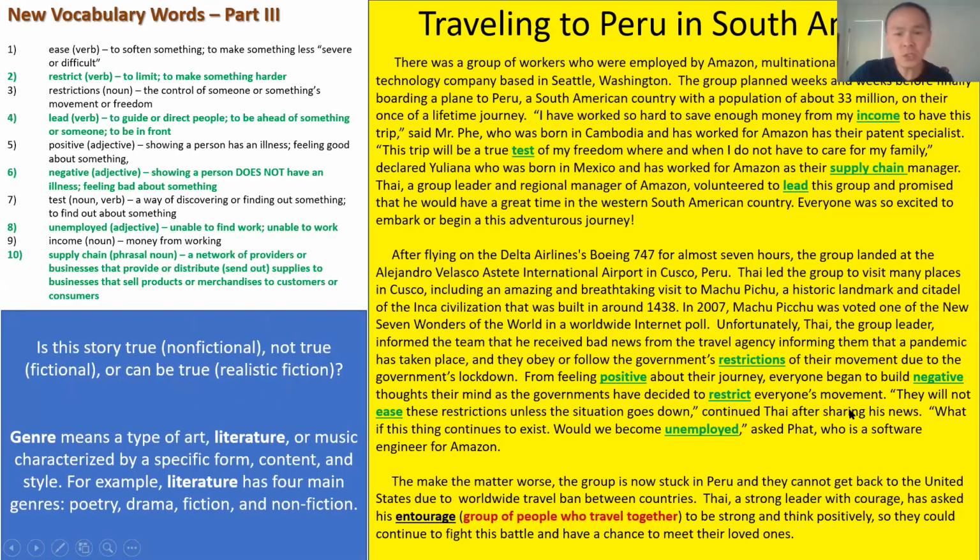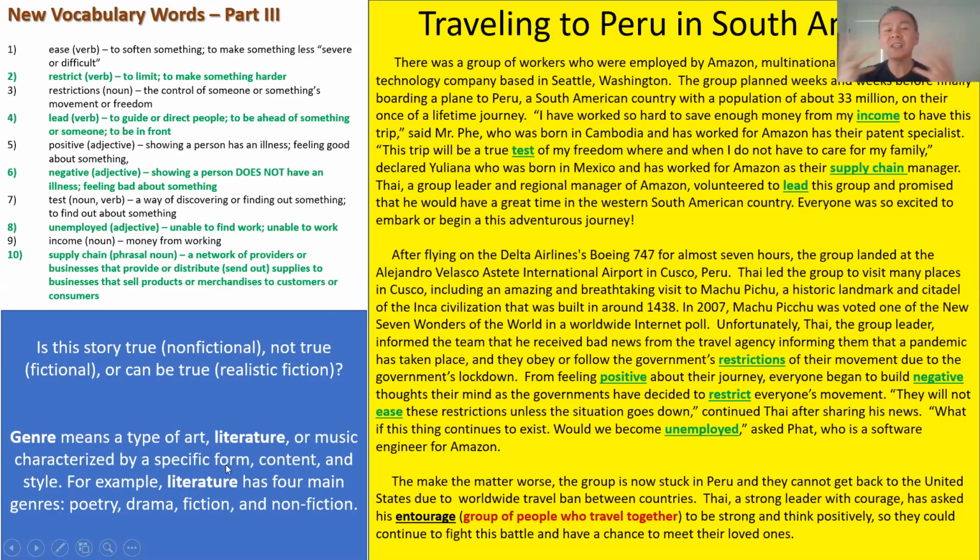So this story is called a genre. A genre is a type of art, a kind of literature or music, which is characterized by a specific form, content, or style. This right here is a genre, and this genre is a story in terms of literature.